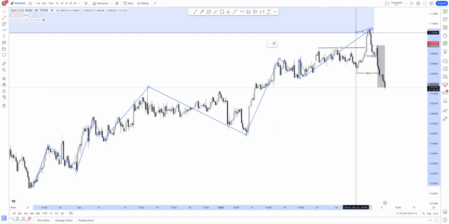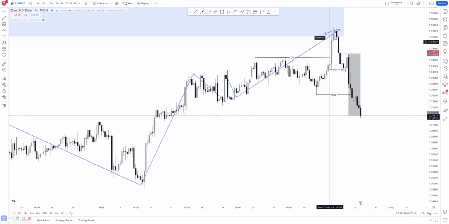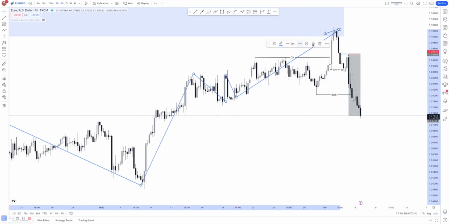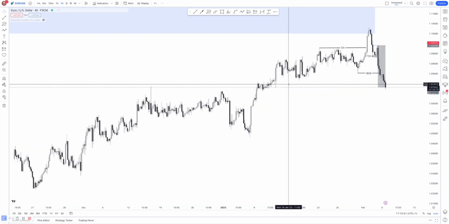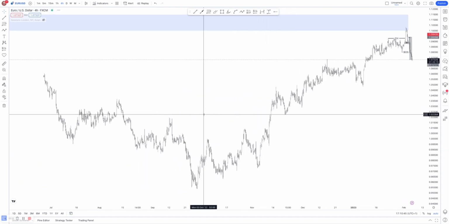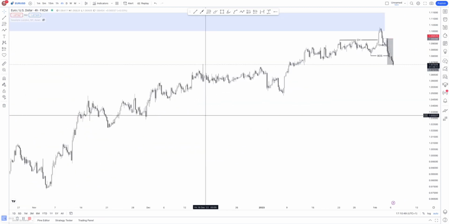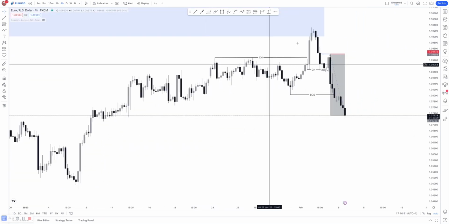Following our expectation of order flow, a new high has been created. I think this is the highest point the market has reached since October last year, 2022. So basically, a new high was created.